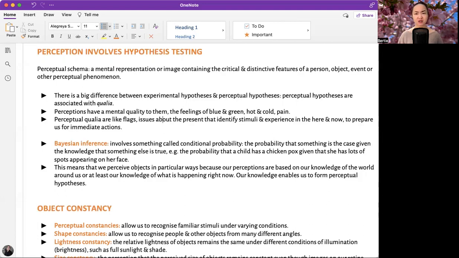It's called conditional probability. This means that we perceive objects in particular ways because our perceptions are based on our knowledge of the world around us, or at least our knowledge of what is happening right now. Our knowledge enables us to form perceptual hypotheses.